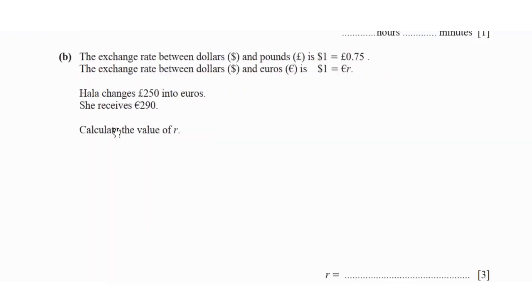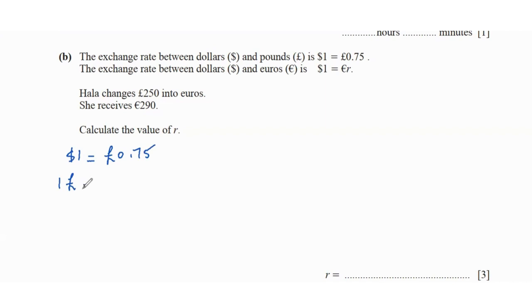The exchange rate between dollars and pounds is $1 equals to 0.75 pounds. The exchange rate between dollars and euros is $1 equals to R euros. Hala changes 250 pounds into euros, and she receives 290 euros. Calculate the value of R. So first, we know that $1 equals to 0.75 pounds.